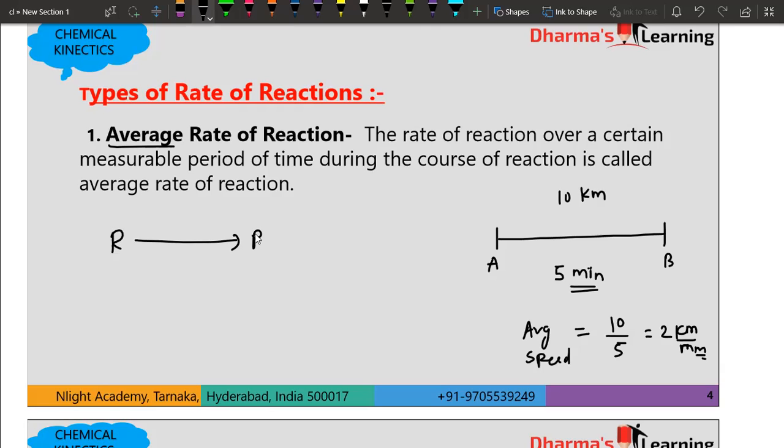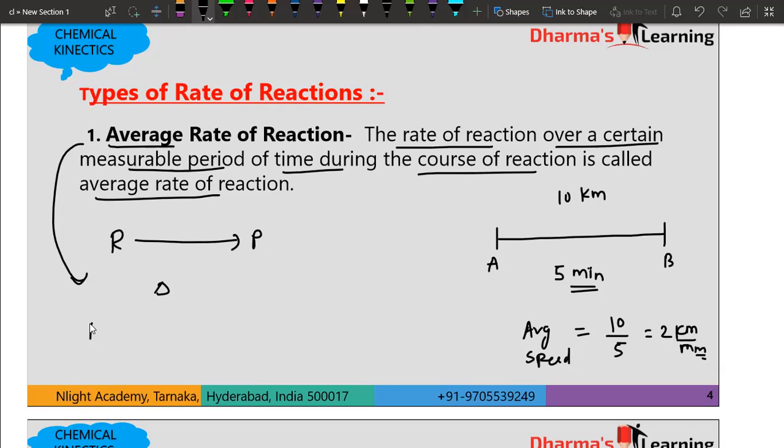So the rate of reaction over a certain measurable period of time during the course of the reaction is called the average rate of reaction. It is the rate over a particular measurable time period. When we talk about the average rate, it is represented by delta.